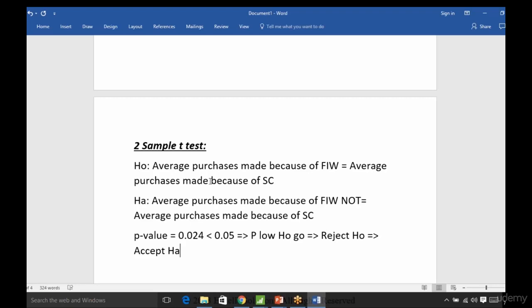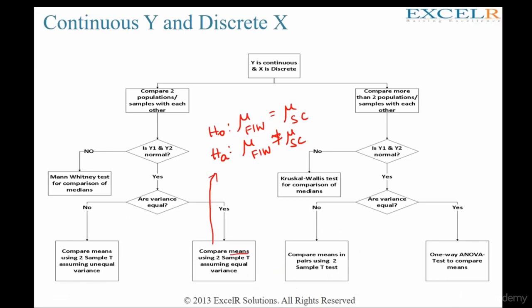And your alternate hypothesis says average purchases made because of these 2 promotions are not equal. If both are not equal, then the obvious next question that you need to ask is, which one is better? Both are not equal, that's fine. But which one is better?